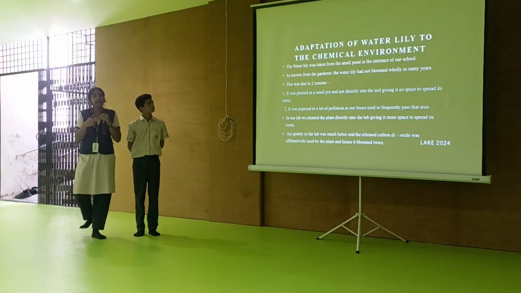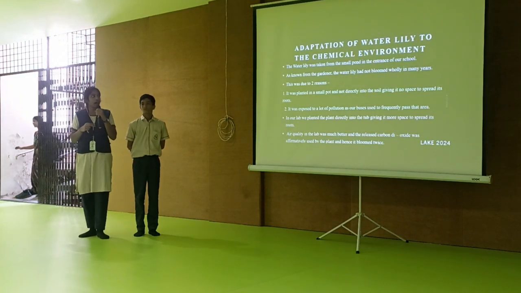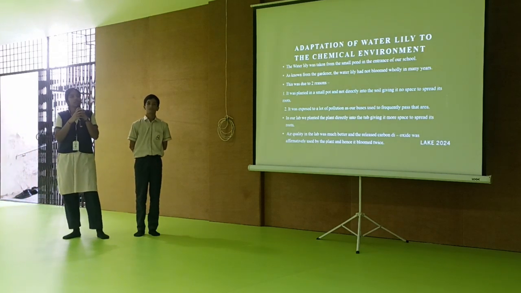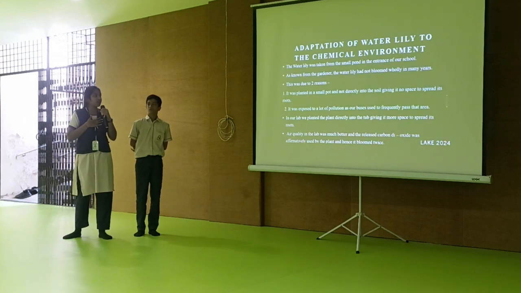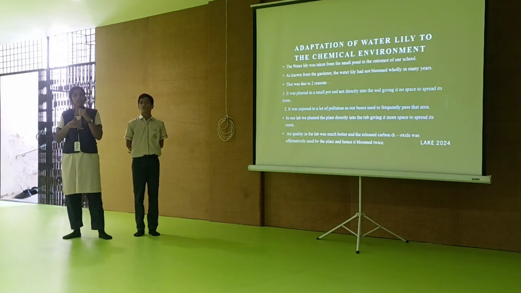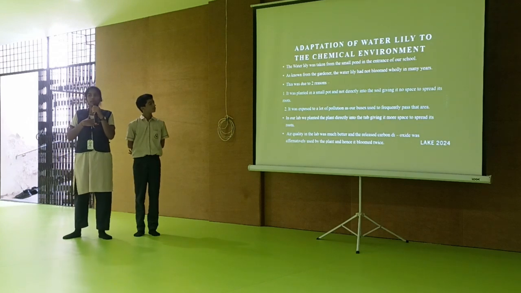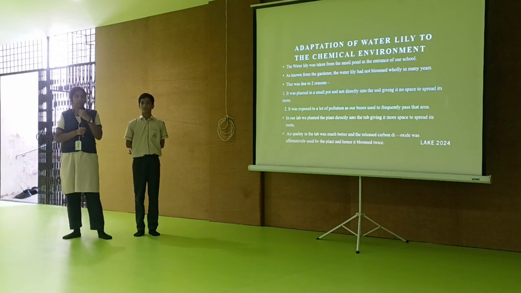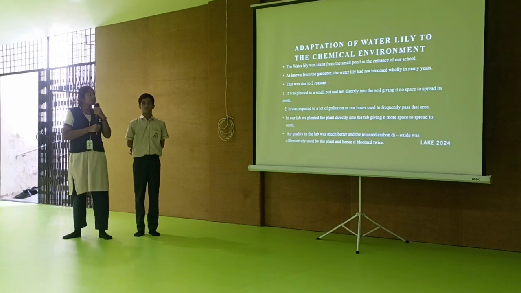So the water lily, as we had already mentioned, before the addition of the AMC, it was fresh. It had lush green leaves. Then after the addition of AMC, it started to rot. This was probably because of a higher concentration of chemicals.